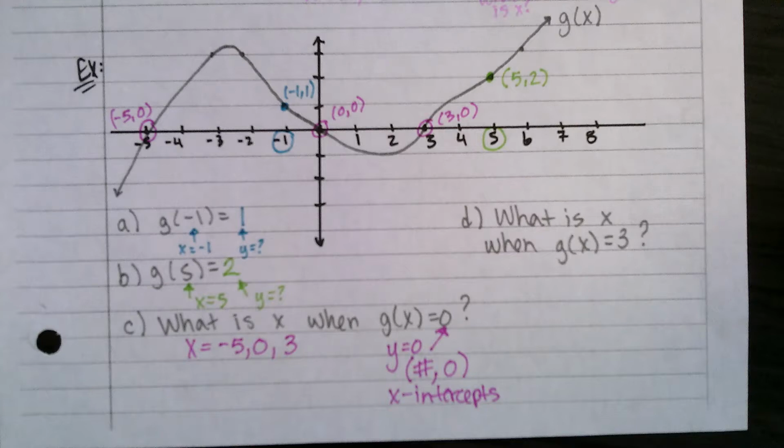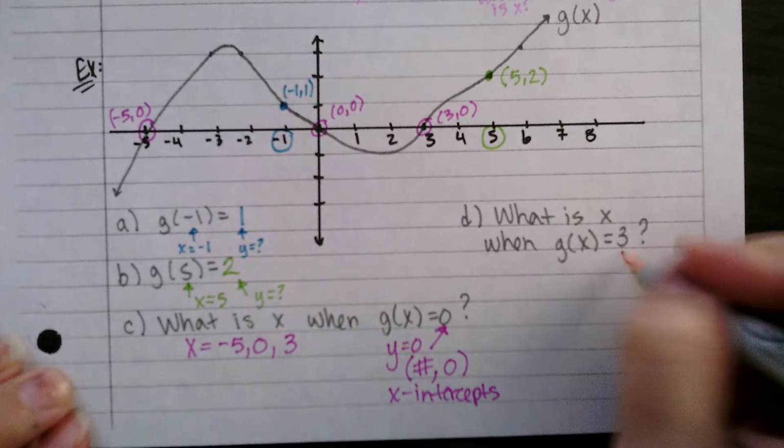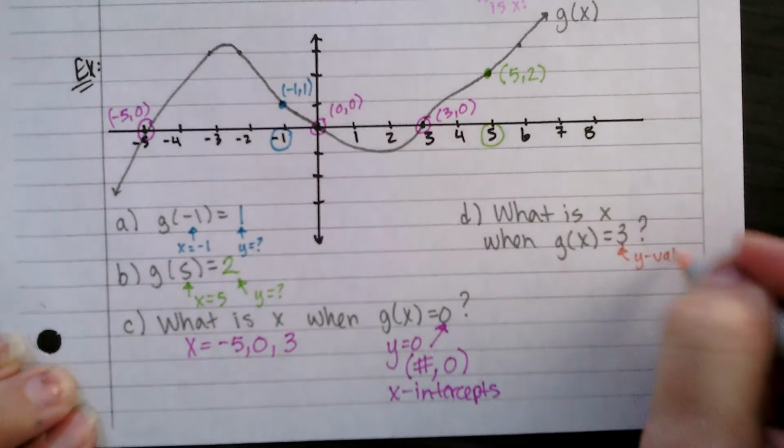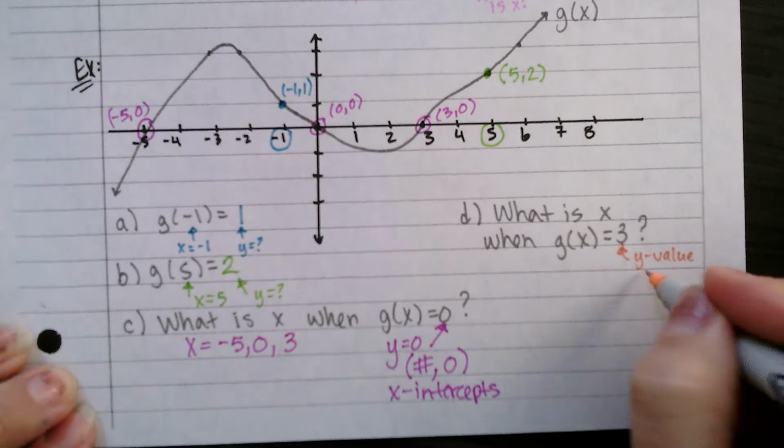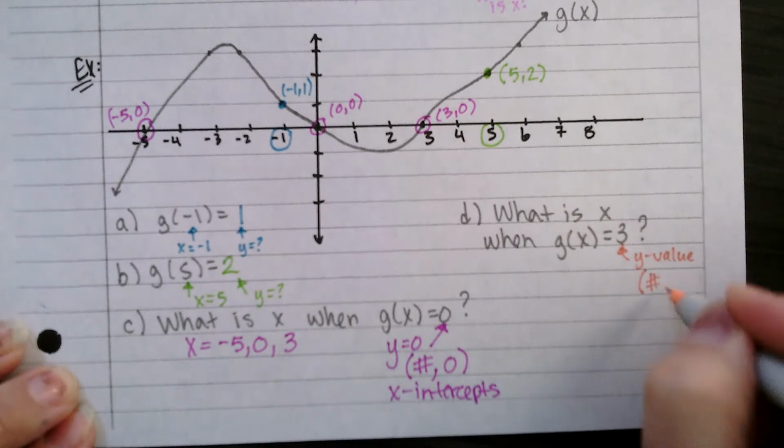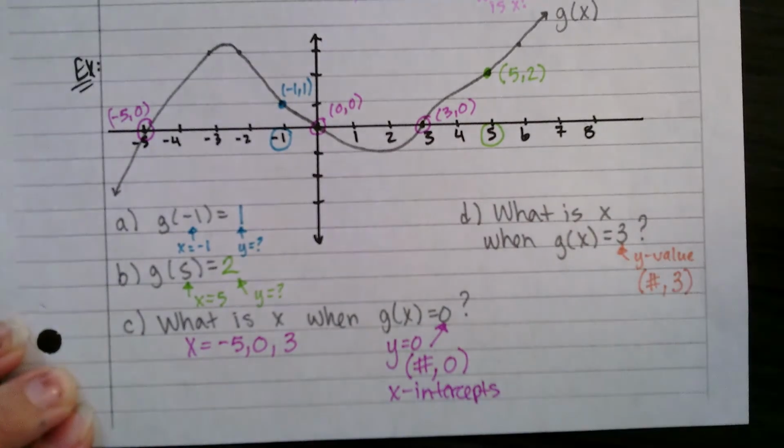Our last one. What is x when g of x equals 3? So again, this is a y value. So we're looking for ordered pairs that have a number and then 3 for the y coordinate.